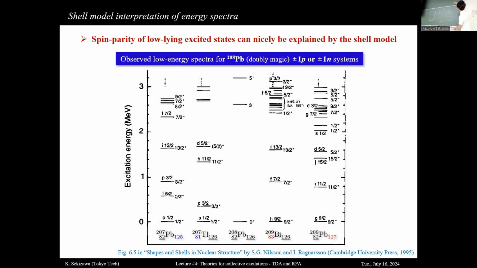J upper is L plus 1/2, and J lower is L minus 1/2. These are the different spin orientations.